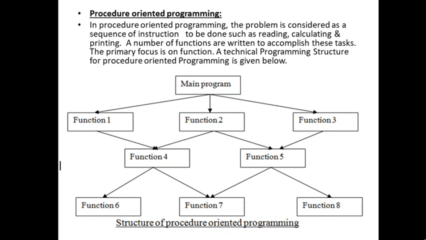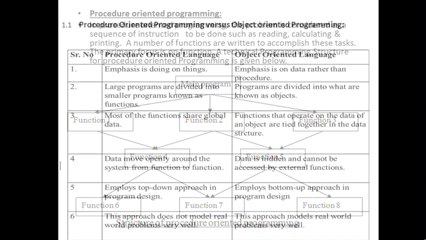Similarly, function 5 has been called by function 2 and then function 3. So here one function can pass data to another function. That means the data moves openly around the system from one function to another.